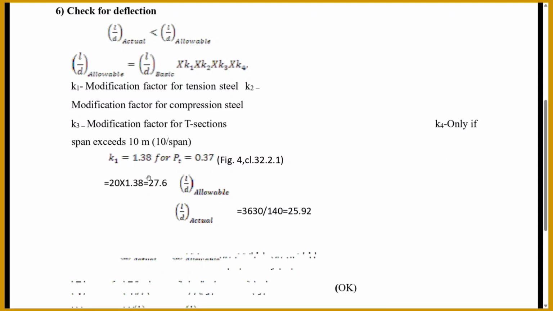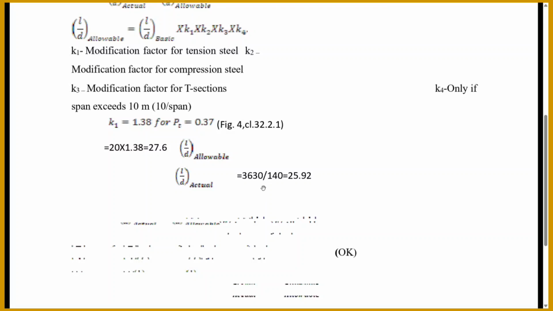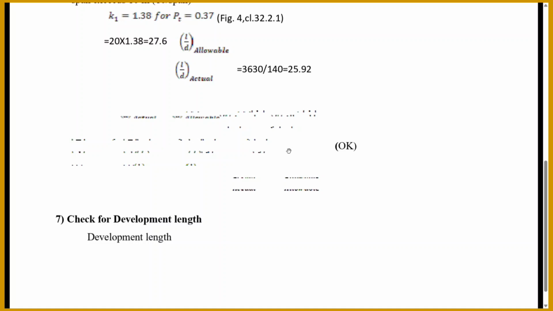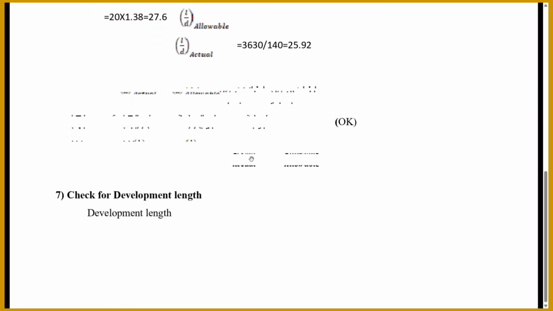This is the 20, and K1 is 1.38, and these all are 1. So 27.6 comes, and allowable limit is span by 140. Our span is this, and 140 from the IS code provision. This is the 25.92. So our slab is okay in the deflection.